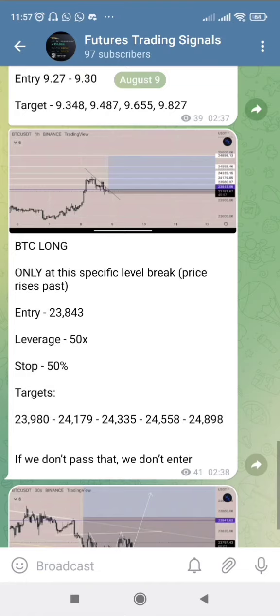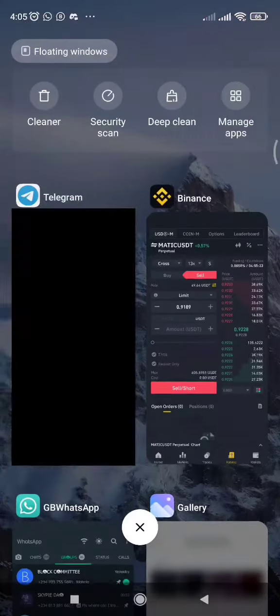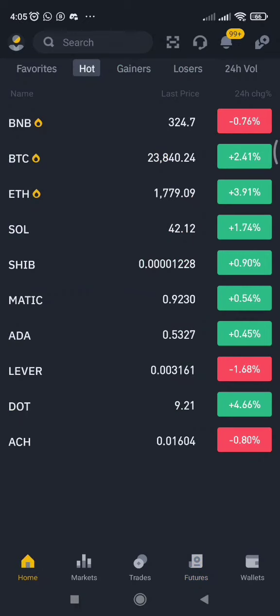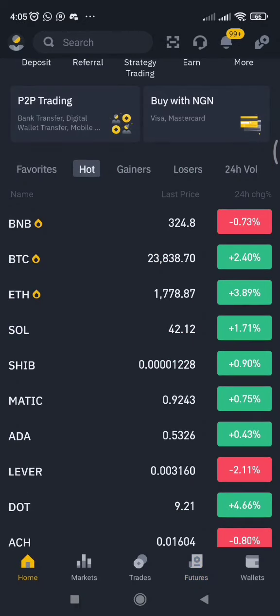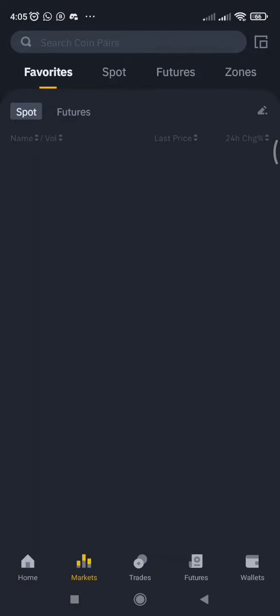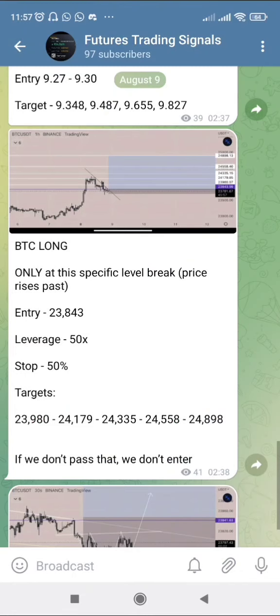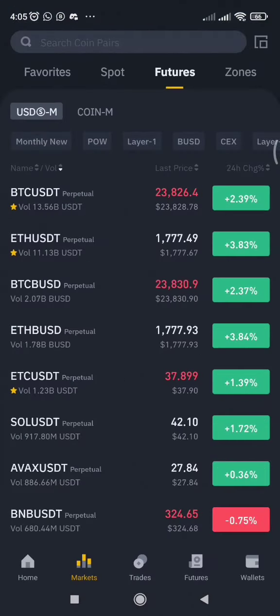All right. So our entry, we are looking at $23,843. So what do we do? Let's go over to futures from the market. From the market, you go over to futures and look for BTC USDT, since it's the one I have capital on.